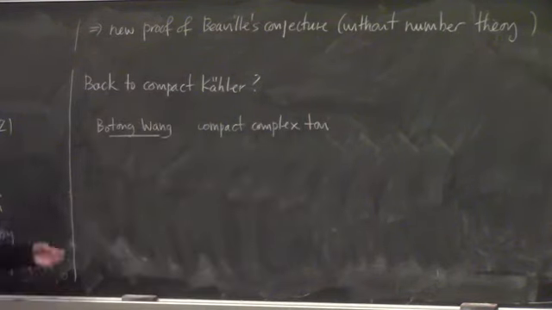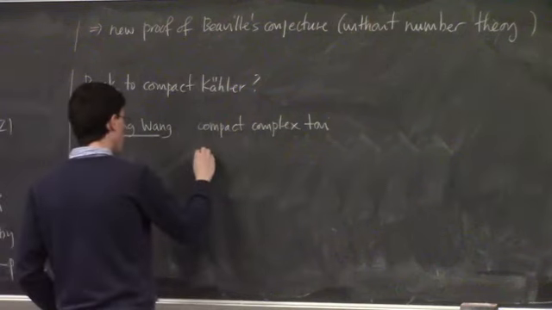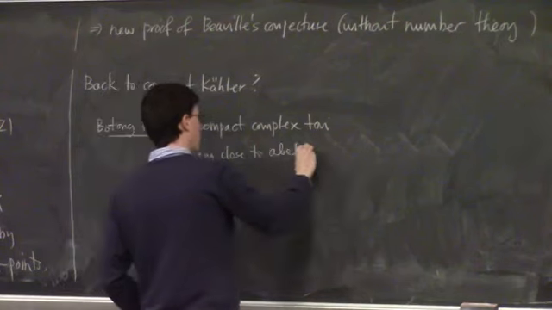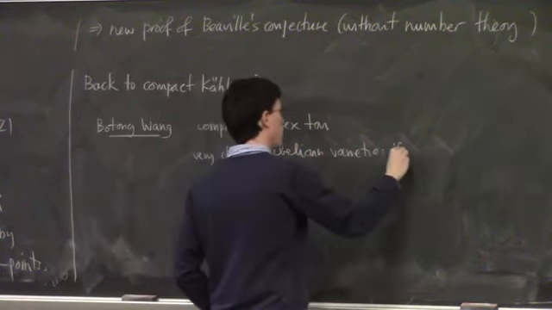I used to think that compact complex tori are very different from abelian varieties. And in some sense they are. But his great idea is that they are very close to abelian varieties, if you look at perverse sheaves.